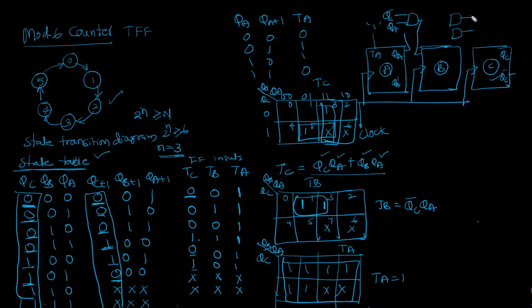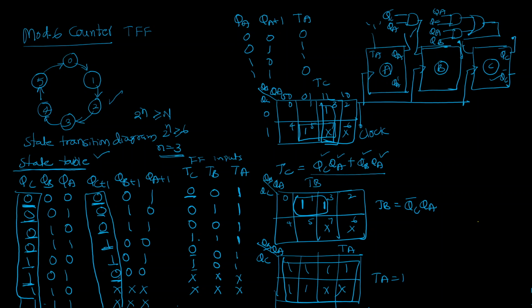I will OR them, and upon ORing I connect the value to TC. The inputs are QA and QC for one, QA and QB for the other. This is the hardware circuit. QA is your output, QB is your output, and QC is your output.